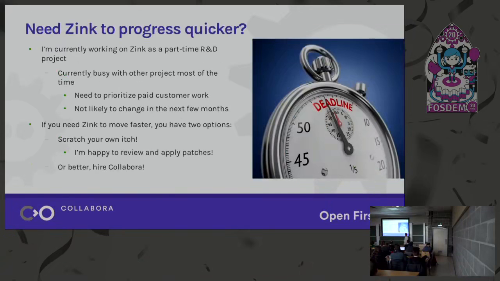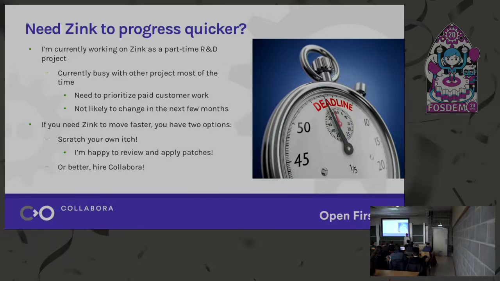Yeah, and this is moving kind of slowly currently, because I'm working on Zink as a part-time R&D project at work. And I'm super busy with some other paid client work at the time. So I don't have a great way out of that.